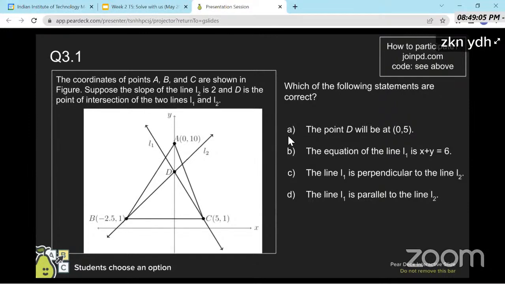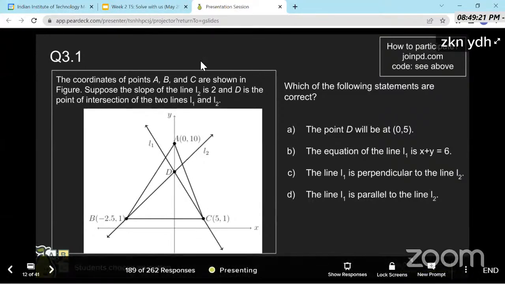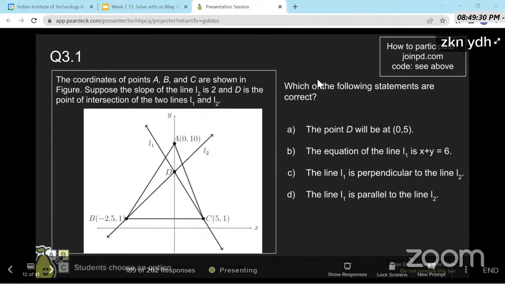Sir, can I tell my approach? Tell me, please. What's your good name? Eknath Madi. Yes, please go ahead. I found the equation of L2 by the slope point form.